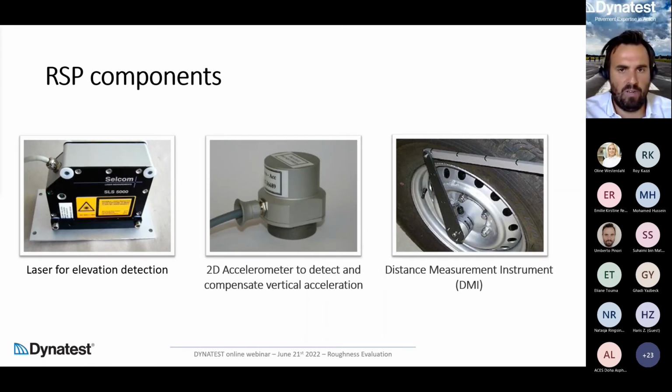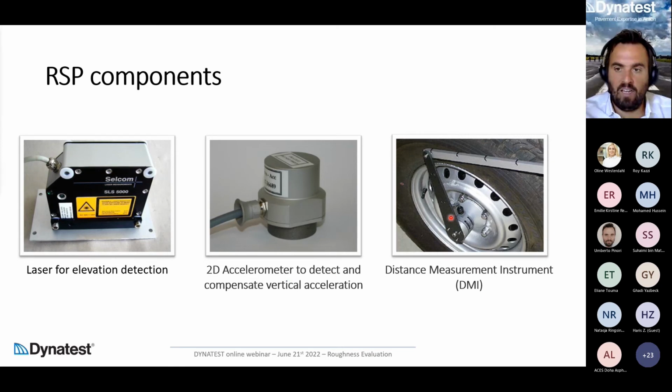Which are the components that are inside the front bar you see in the video? We have a series of lasers that measure the elevation. Then we have 2D accelerometers that detect the vertical movement of the car, and they are used to compensate the vertical movements.